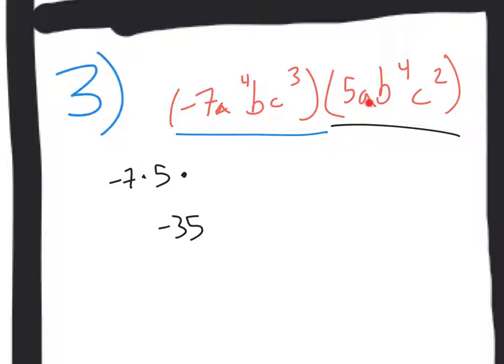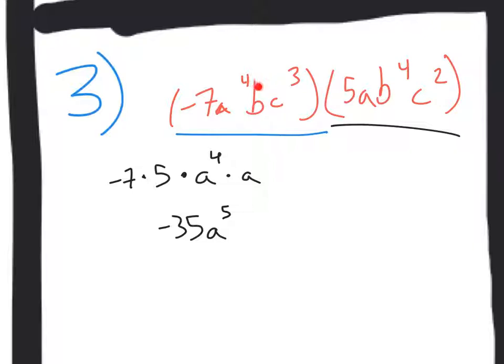So a to the 4th power, and then here we just have 1a. So that would be times a to the 4th power times a. And then what happens when you do a to the 4th power times a? You should just get a to the 5th power, since you have 5 a's there. 5 a's being multiplied by each other, that is.